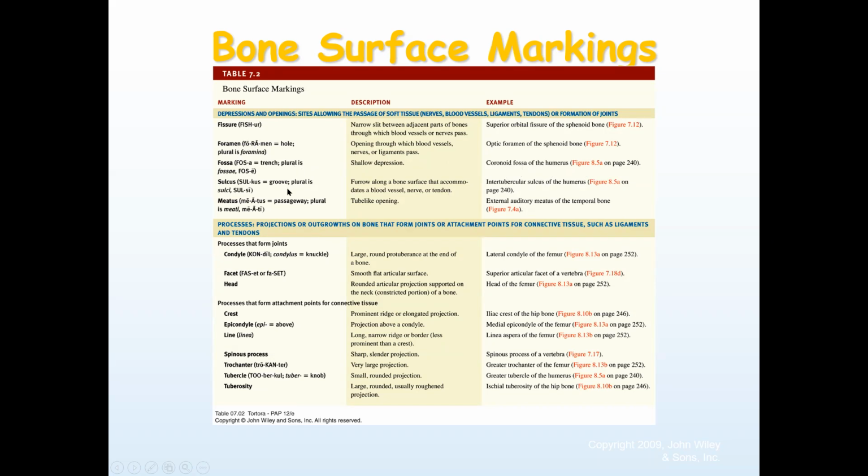Then now we have this one called a sulcus. And a sulcus is another furrow, and this runs along a bone surface to accommodate a blood vessel. So a sulcus is essentially a depression that allows the blood vessels to run. Once again, when we were doing the heart, we spoke about the interventricular sulcus on the surface of the heart.